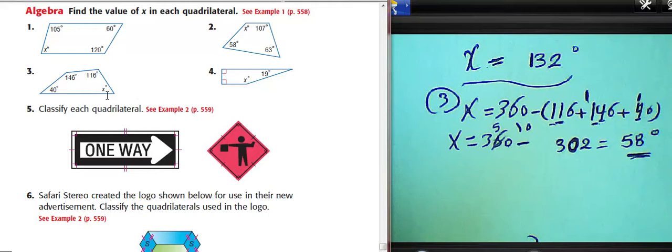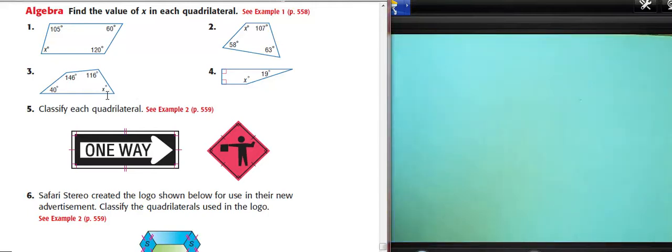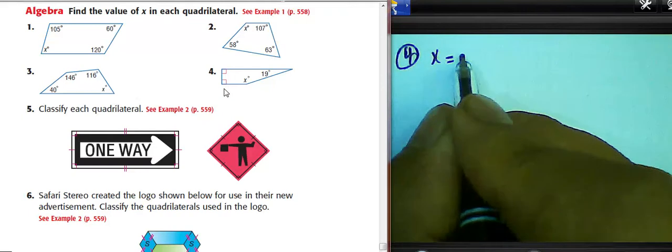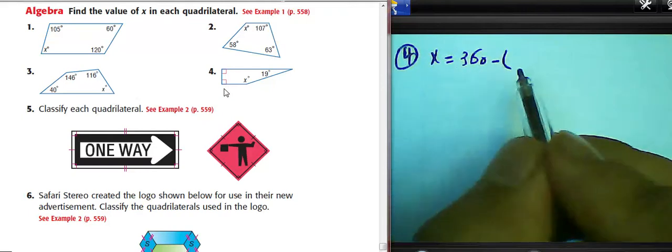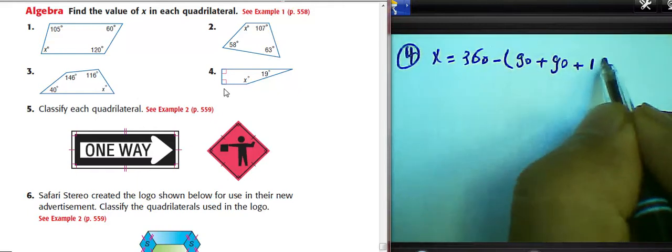Question number 4. We want to find the value of x. We have a trapezoid. We know the sum of the interior angles of the trapezoid equals 360, and we have two angles whose sum equals 180 because the measure of one of them equals 90 degrees. And then we can write number 4, x equals 360 subtract 90 plus 90 plus 19.